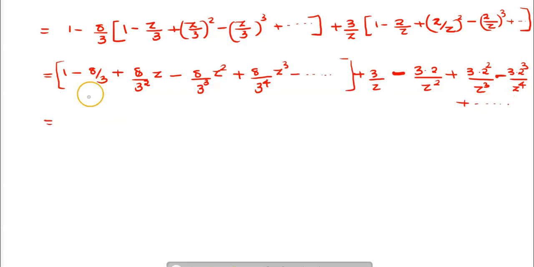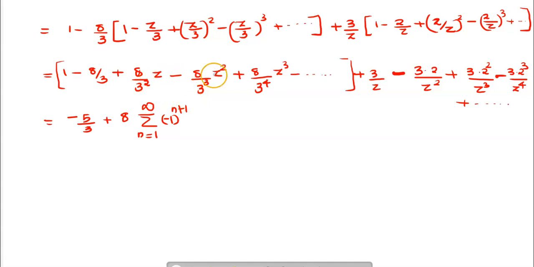So 1 minus 8 by 3 is minus 5 by 3 plus, we can take 8 as common. This is series n is equal to 1 to infinity, minus 1 power n plus 1, since first term is positive. This is our first term. First term is positive.